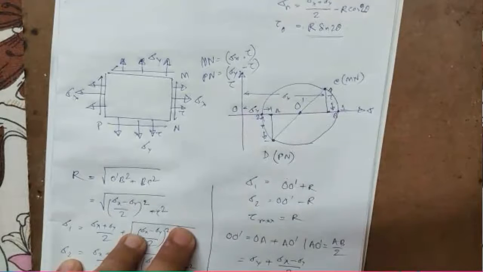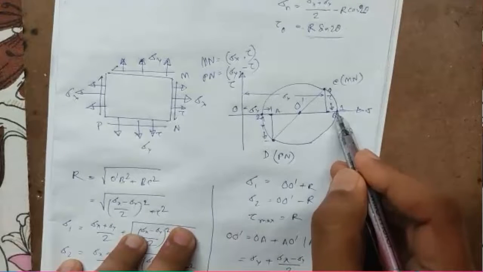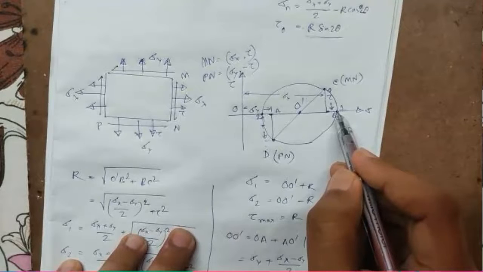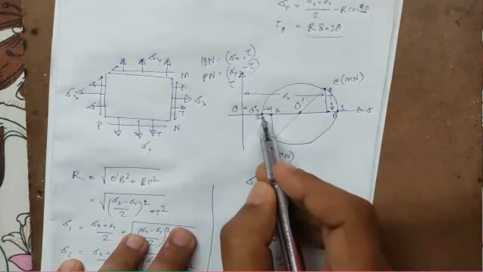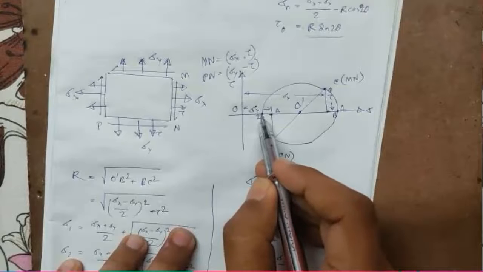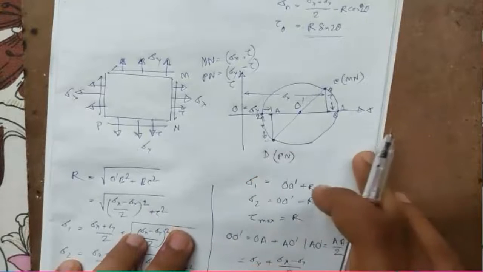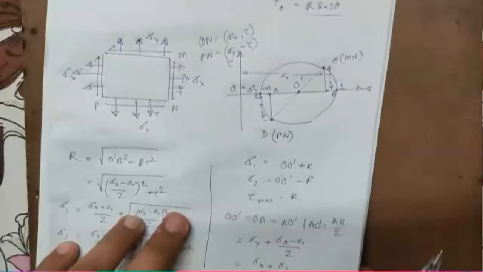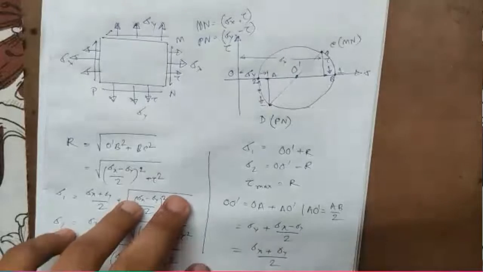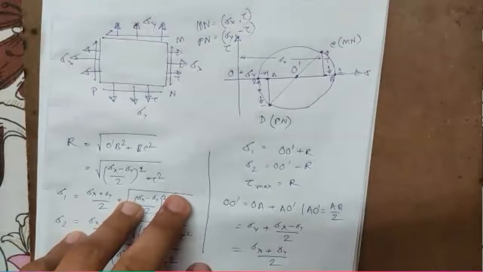If we find out normal stress at point 1, because shear stress is 0 here, then we will get major principal stress. If we find out normal stress at point 2 here, we get minor principal stress. So our job is to find out this sigma 1 and sigma 2. For this purpose, we take help of the geometry.